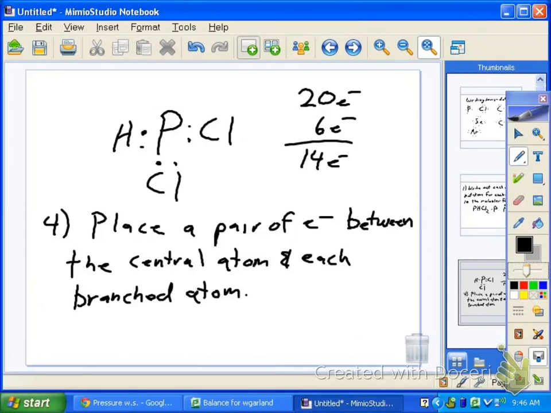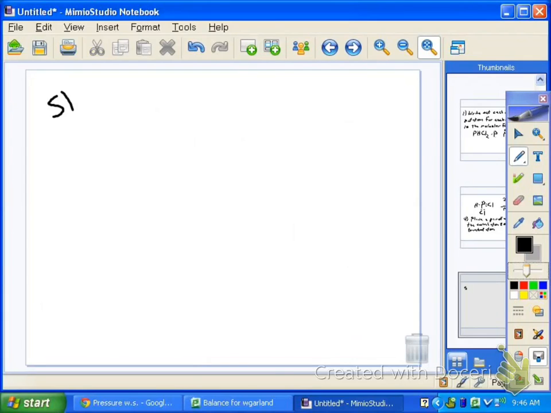Okay? Number 5, we've got 14 electrons left over. So we're going to have to use some of those up, and this is how we're going to do that.